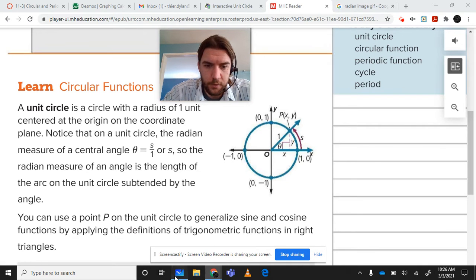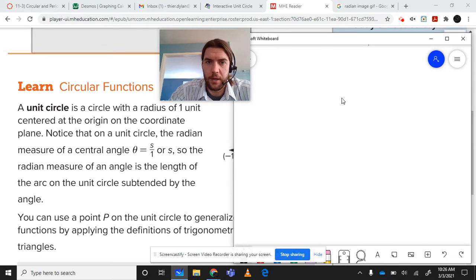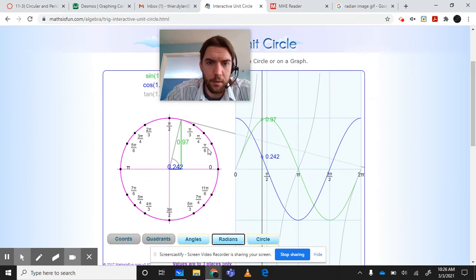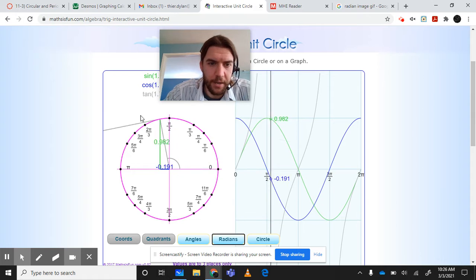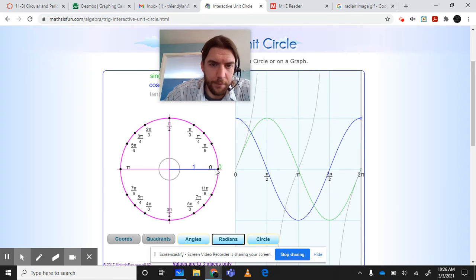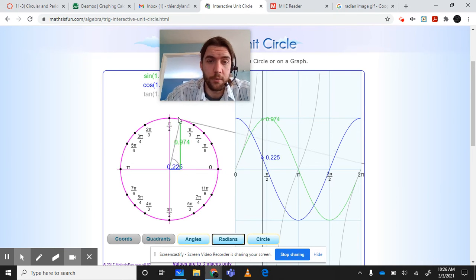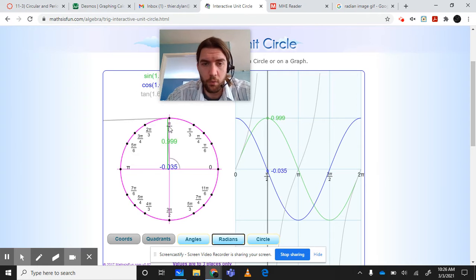So, for example, let's play that out real quick. If I am thinking in radians, where I have pi radians and 2 pi radians when I go all the way around, then an angle of 90 degrees, when I change that into radians, corresponds to pi over 2 radians.